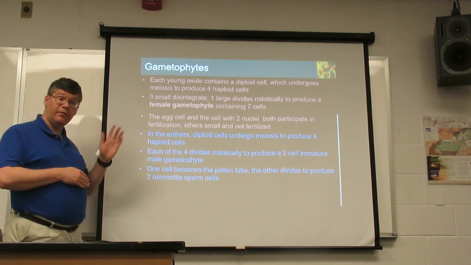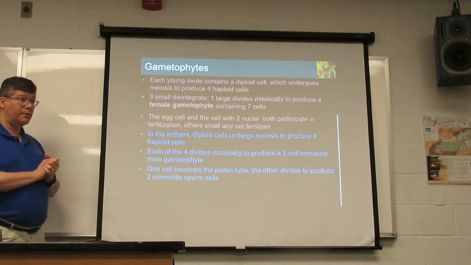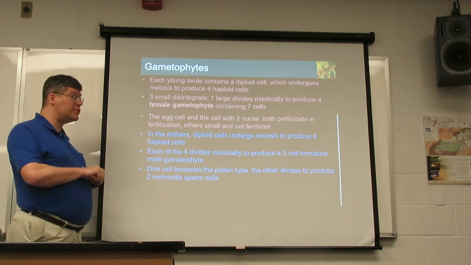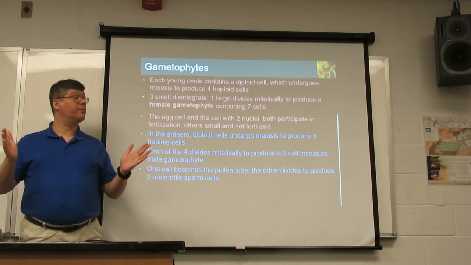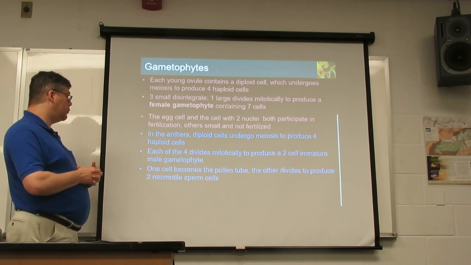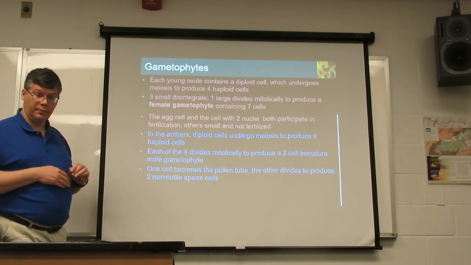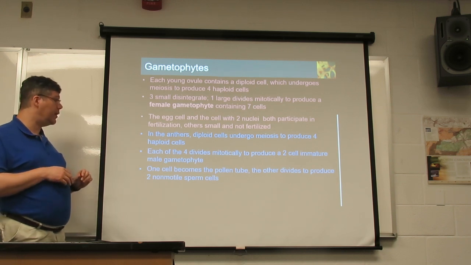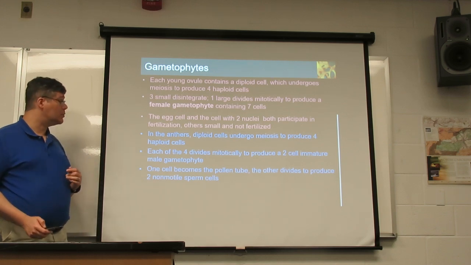Meanwhile, in the anthers, we have a starting diploid cell, it goes through meiosis, makes 4 haploid cells. Male pollen is small, does not require a bigger, more nutrient-rich cell, so all 4 of them can each grow into a grain of pollen. Each of those will divide by ordinary cell division, mitosis, and so you get that 2-cell immature male gametophyte. Again, one of those 2 becomes the pollen tube, the other will become the 2 sperm cells.